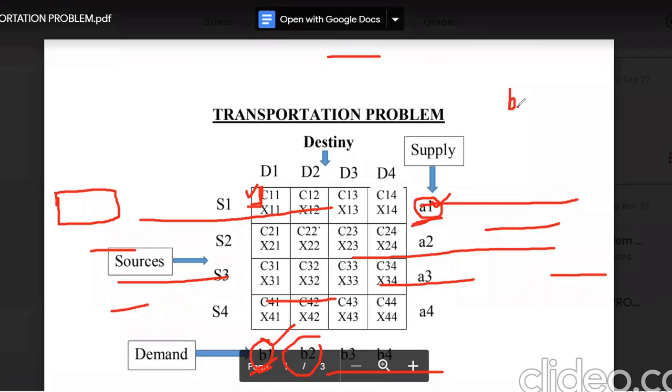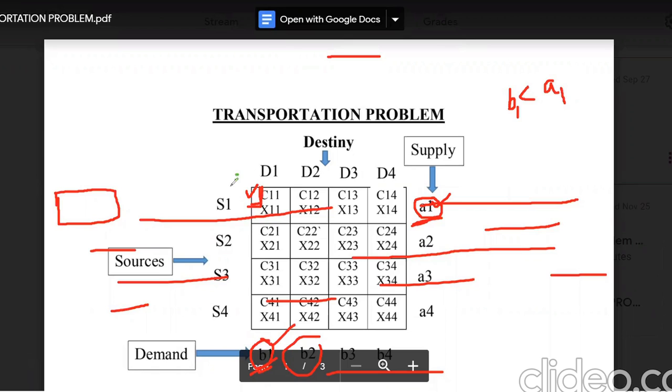Suppose B1 is less than A1. Then B1 is the minimum, so allocate B1 in the first cell.